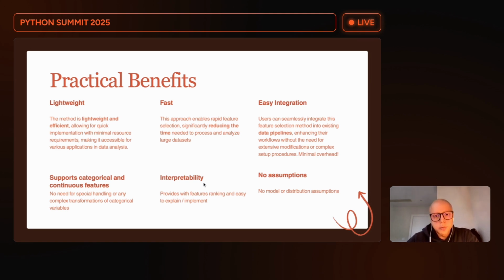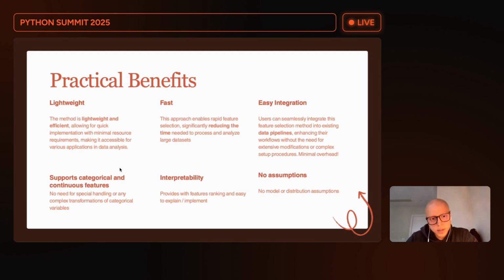So it can work well with large data sets when the number of features is actually huge. And in medical studies, the most common situation when it is used is genetic studies. It is easy to integrate into any feature selection method and into any existing data pipeline with minimal additional overhead.